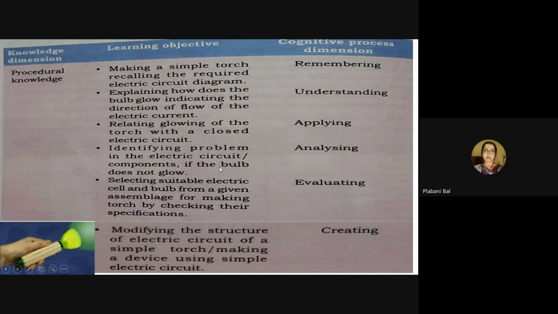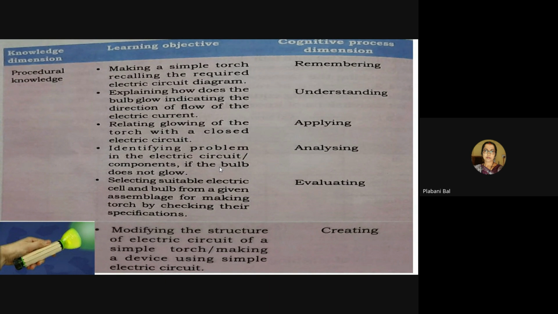If the bulb does not glow, then it comes to the next higher form of objective, the higher form of process dimension, that is identifying the problem. If the learner is able to identify that the bulb does not glow after the circuit is made, he will read the circuit diagram, check which components are there and how they are connected, and see that the bulb does not glow.